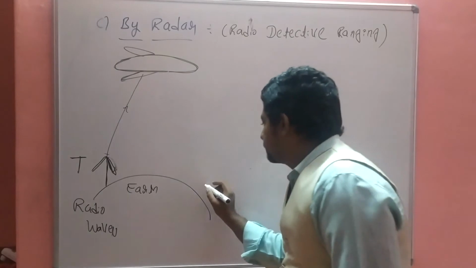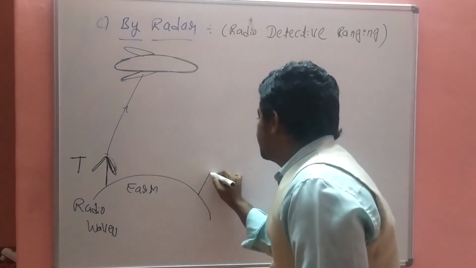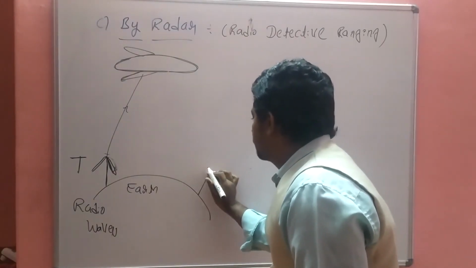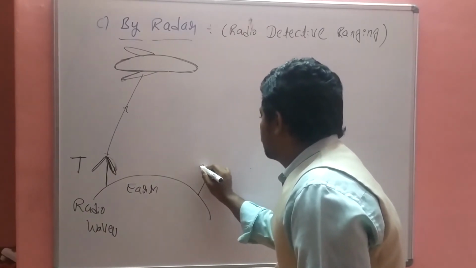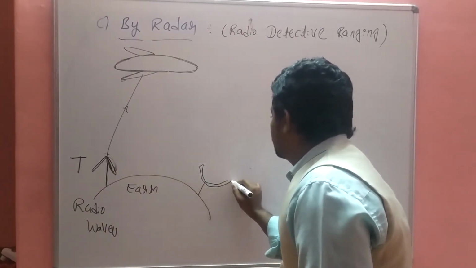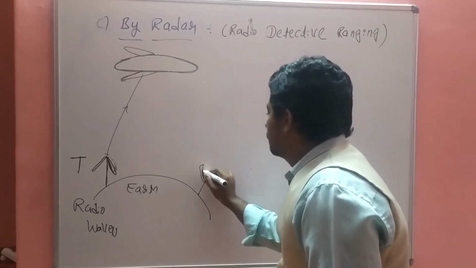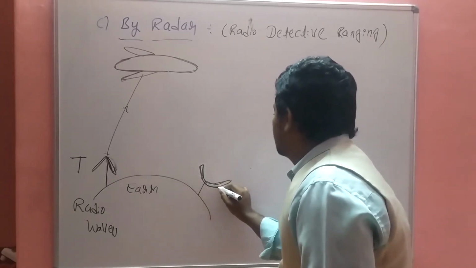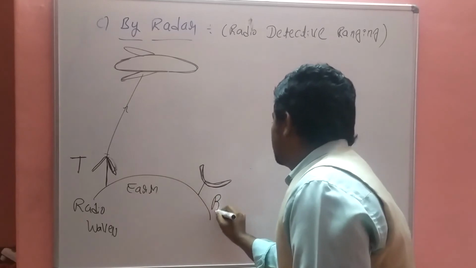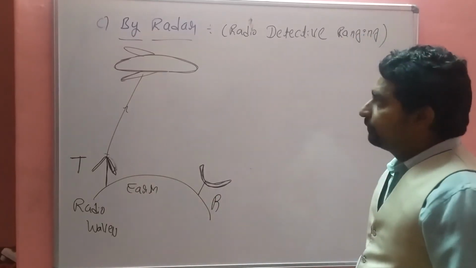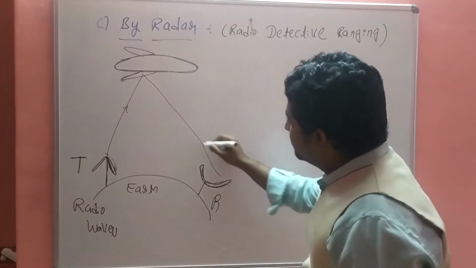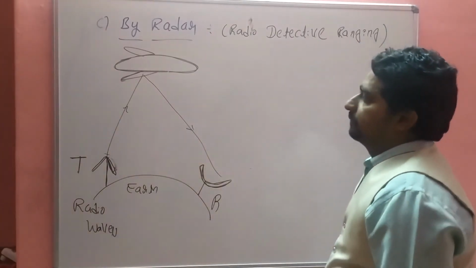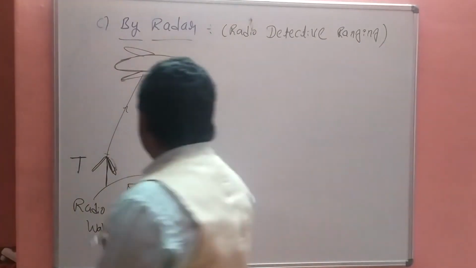The receiver is also placed here. This is a receiver. Okay, the receiver is to receive these signals. So how much distance?